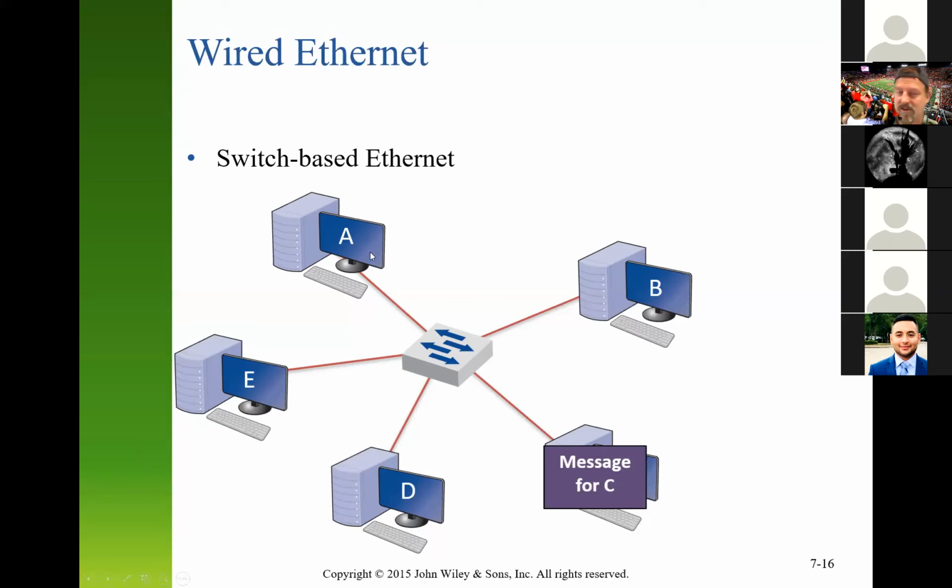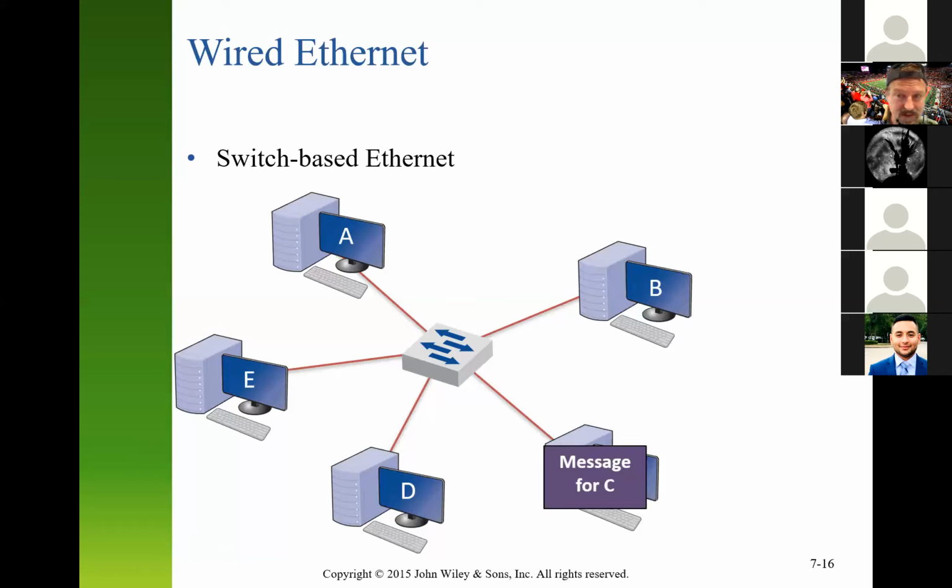Well, when you first turn your computer on, let's say your computer A, a frame is sent to the switch. The switch notices, let's pretend you're connected to port 1 right here, hey, I just got a frame from MAC address 00-0A-2B- whatever on port 1.